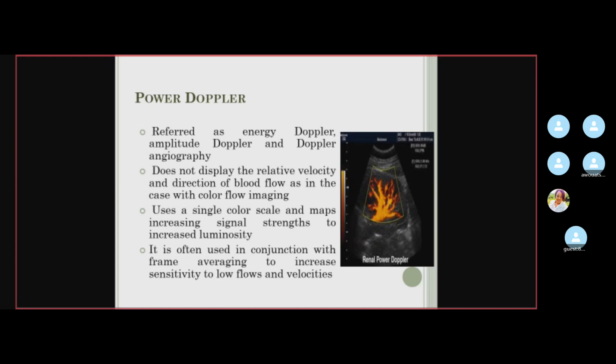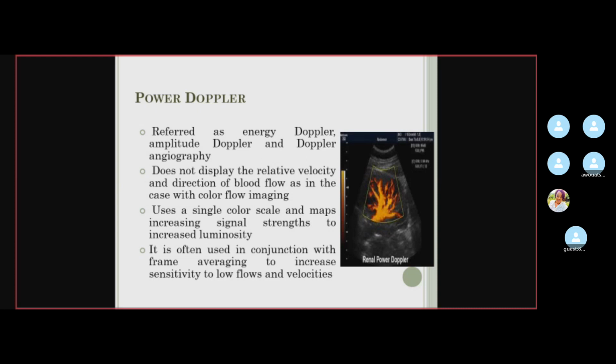Here we do not get the relative velocity or direction of flow as we do in color flow imaging, but we use only a single color, and that tells us the strength of the signal. The brighter it is, the stronger the signal. It is used in conjunction with frame averaging, so that we increase the sensitivity to low flows and velocities.